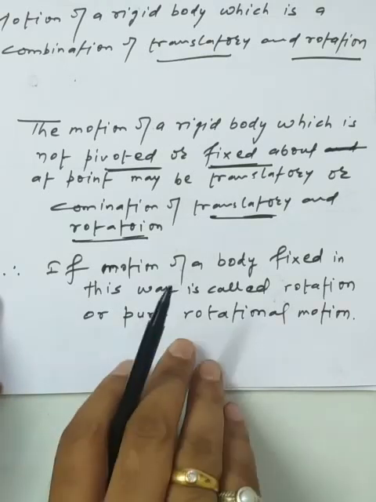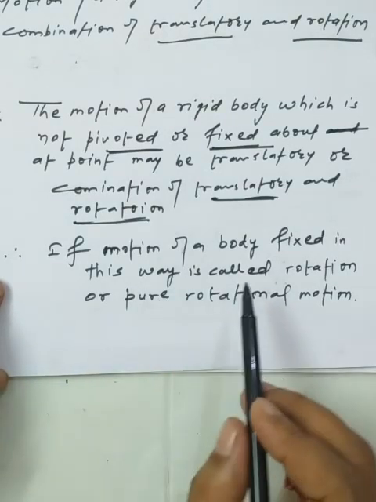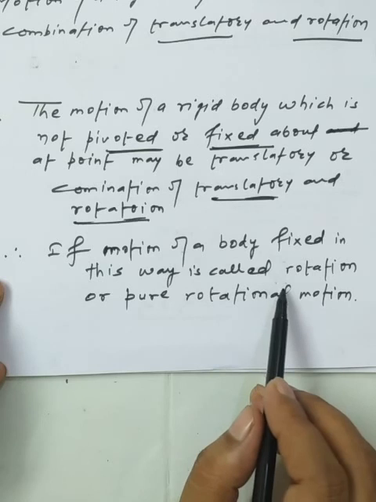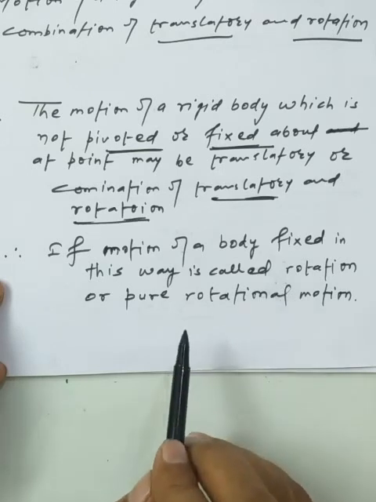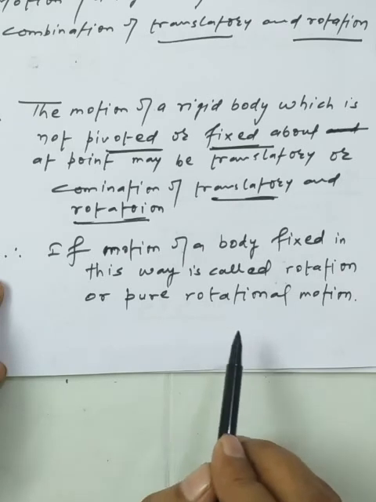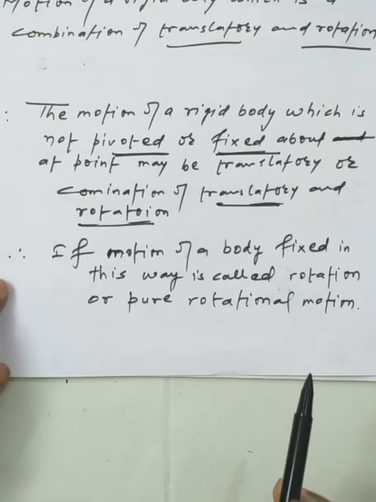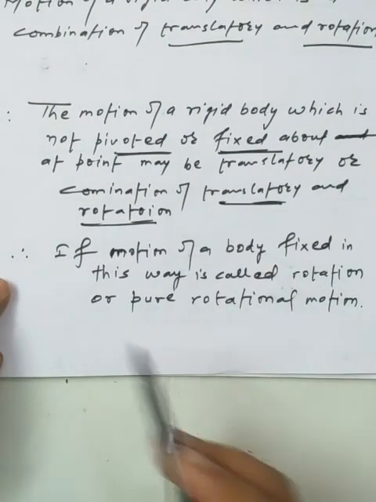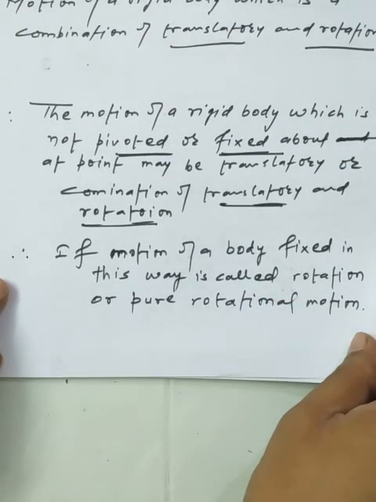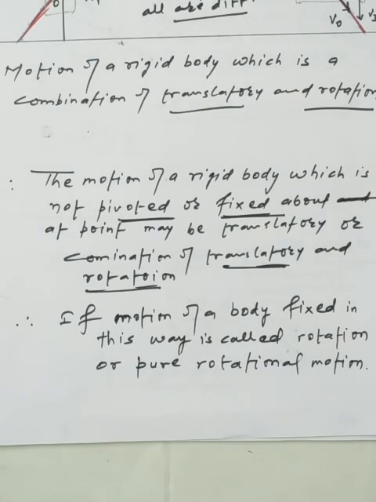Now the motion of a body about a fixed axis, where we assume no translation motion and only pure rotation motion, is fixed about the axis of rotation. So this is the simplest explanation of all the portions we have. First we discussed the meaning of a particle, including the meaning of a system.